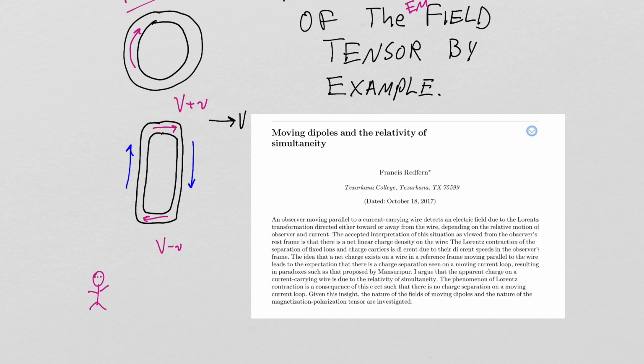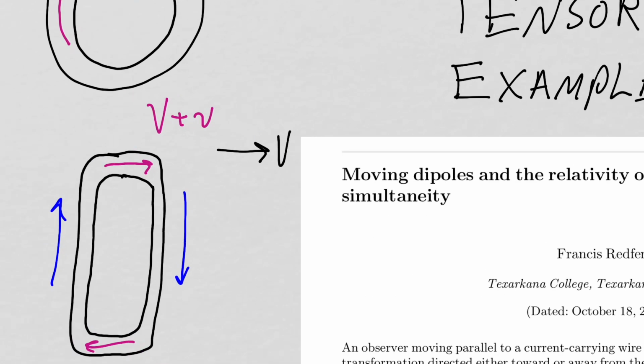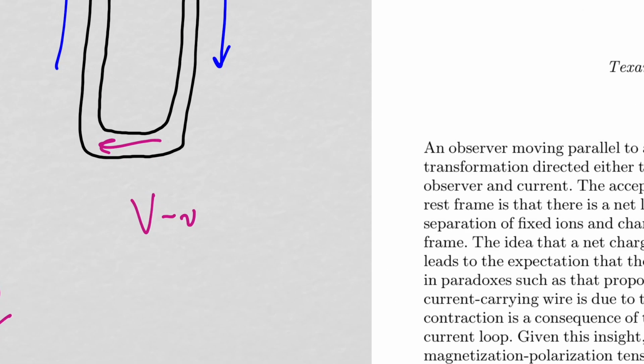The little v is the drift velocity, and capital V is the frame velocity. But down here, it's V minus v. Now, when I write V plus v and V minus v, these are the relativistic additions, right? So this is implied to be the relativistic addition of velocity.